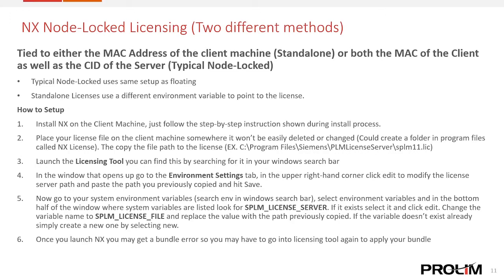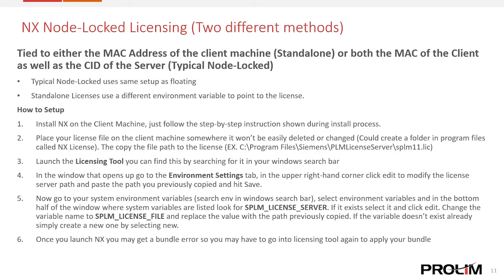If there is, change the variable name to SPLM license file, and then replace the value, which is probably a server path of 28000 at, with the file path that we copied, and then hit OK. If the SPLM license server variable doesn't exist, just make an SPLM license file variable and use that same path.